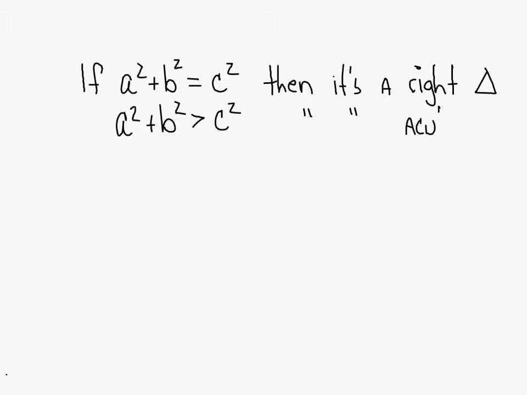The two shorter sides squared and added together, if that's greater than the largest side squared, then you've got an acute triangle. And if A squared plus B squared is less than C squared, then you've got an obtuse triangle.